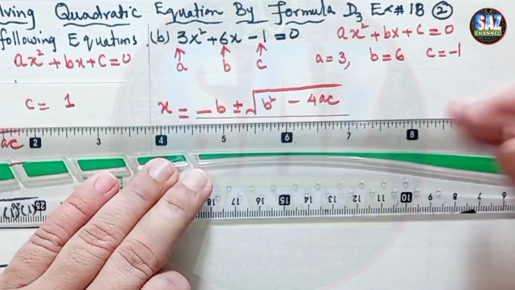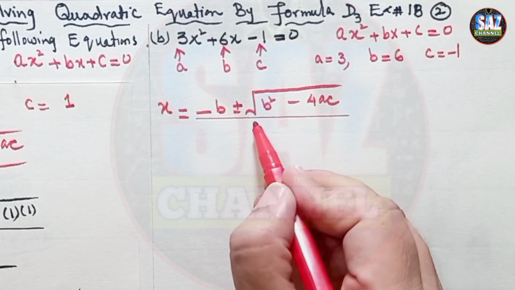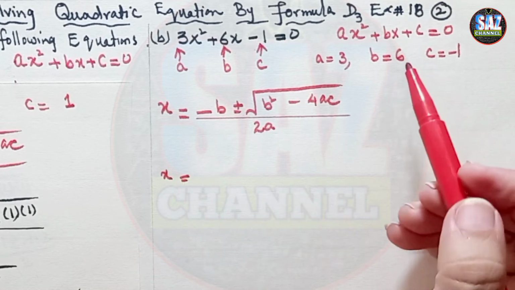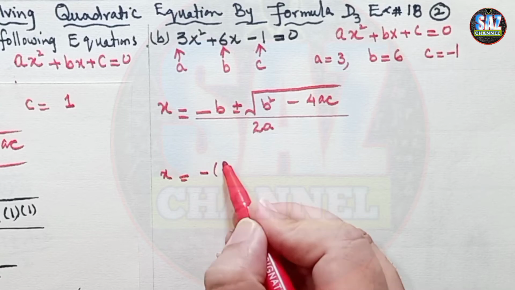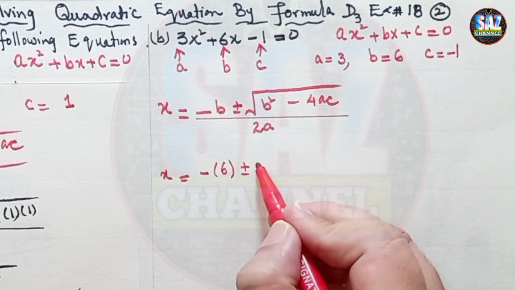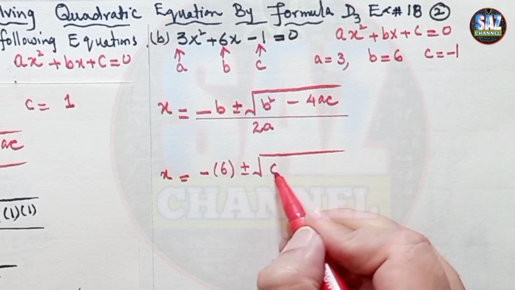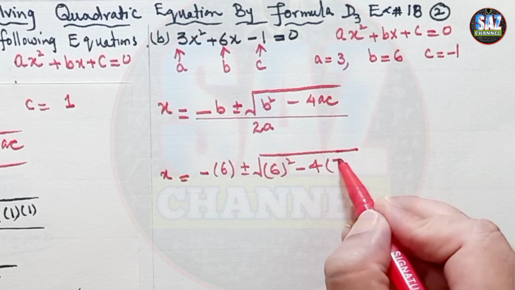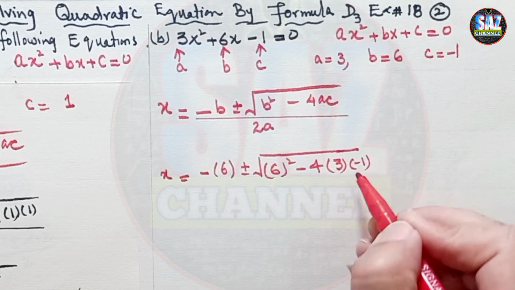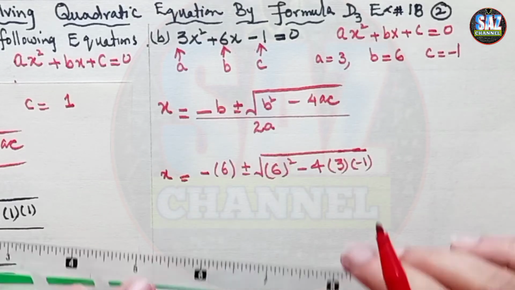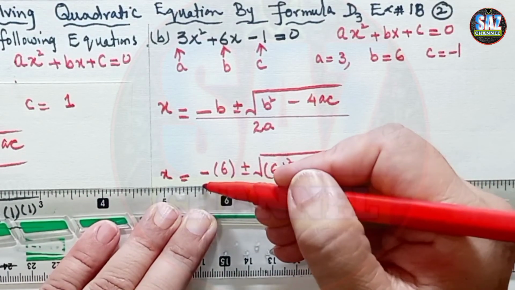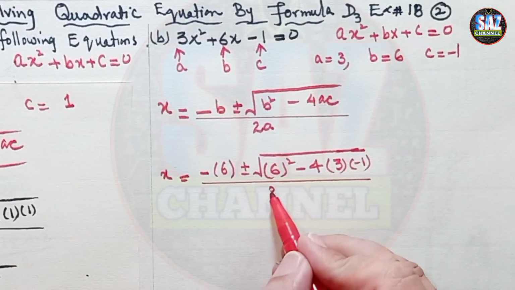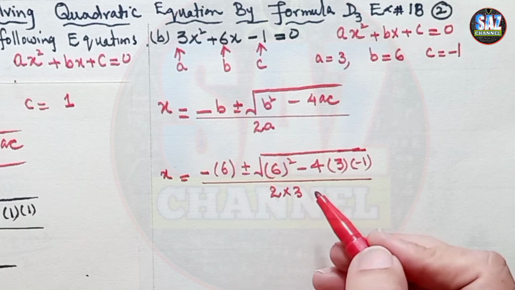And this will give me, I have to insert the values carefully, x equals minus b. b is 6, so minus 6 plus minus square root of 6 square minus 4 into a, which is positive 3, and c is minus 1, upon 2 into 3. So this is 2 times 3, the value of a is 3.